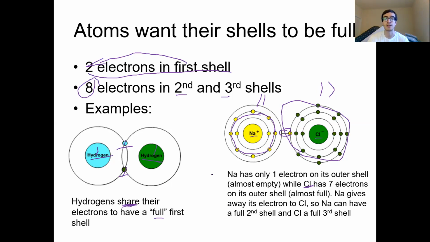So they stick together because sodium is just kind of sharing that one electron with chlorine, but now they are much happier atoms because they have those full outer shells by sharing that one electron, so that sodium gets rid of it and chlorine accepts it.